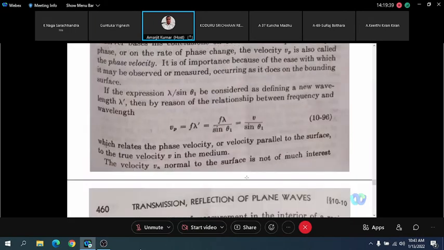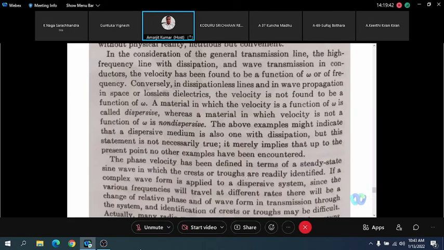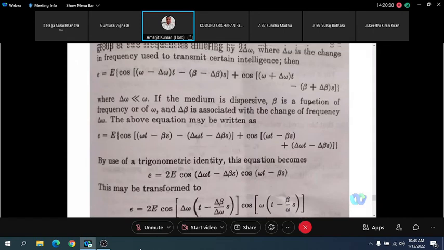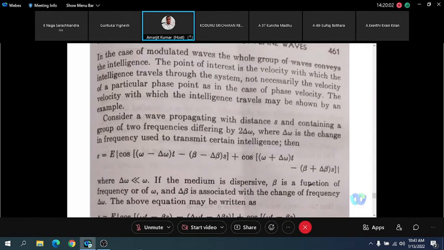So now the question is dispersive and non-dispersive medium. I told you a material in which the velocity is a function of omega, dependent on the frequency, is dispersive, and a material in which the velocity is independent of the frequency is known as a non-dispersive material. So now we have to calculate the group velocity.